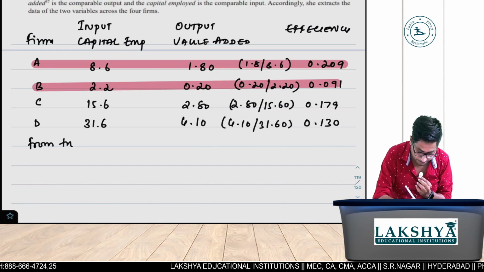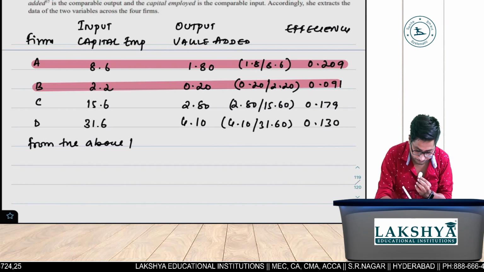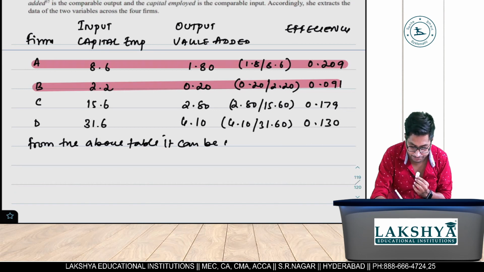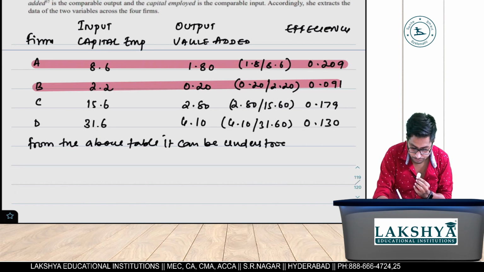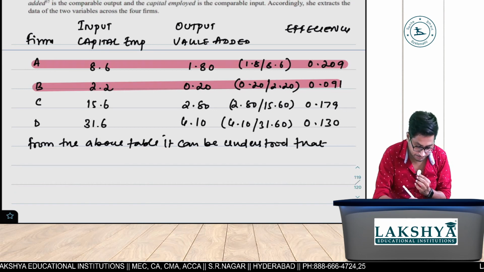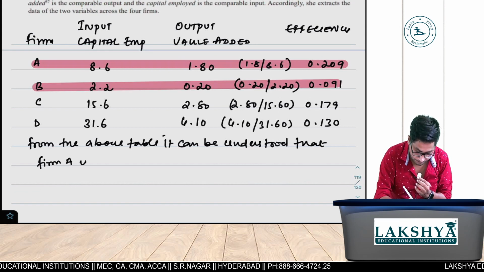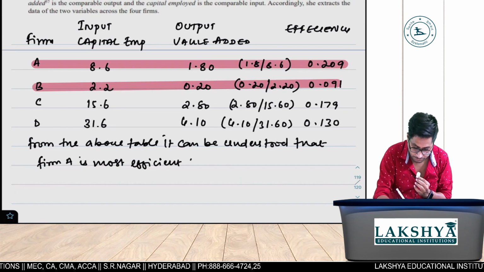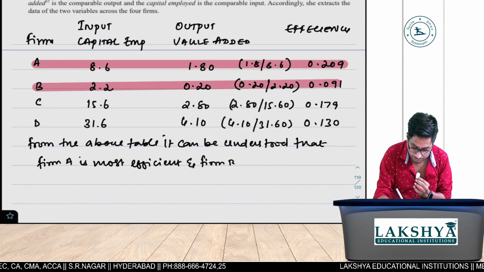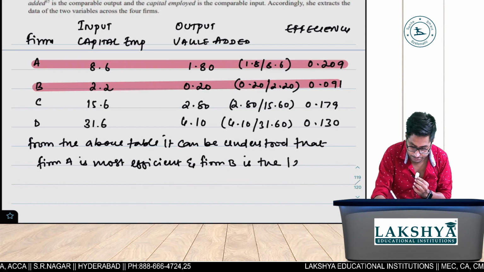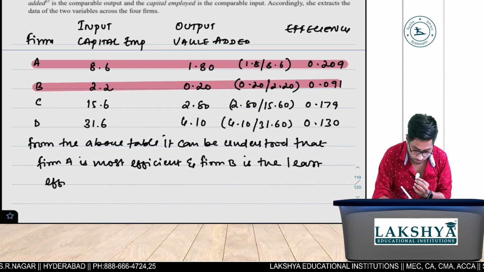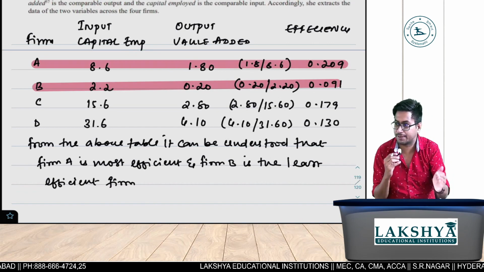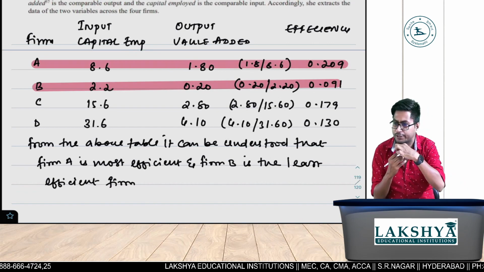From the above table, it can be understood that firm A is most efficient and firm B is the least efficient firm. So first two examples, if you understand, rest everything will become very simple and easy.